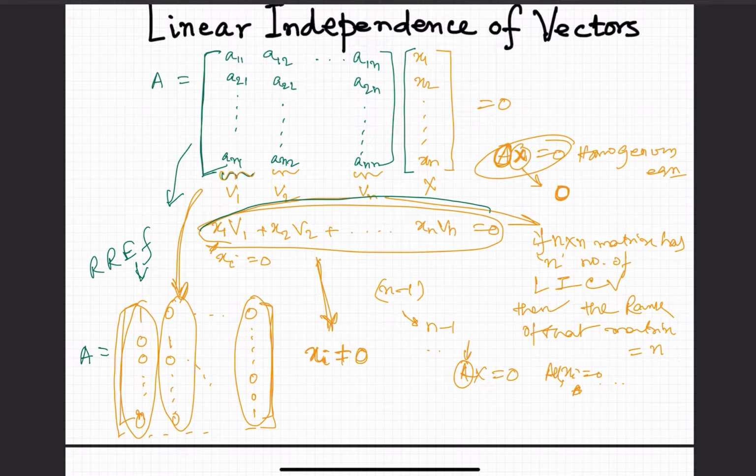That is, we can see very clearly that all the vectors v1, v2 up to vn are independent of each other, and all are pivotal columns, and these variables are pivotal variables. And if there is any linearly dependent vector, then this combination will hold, but there has to be at least one xi which is not equal to 0.